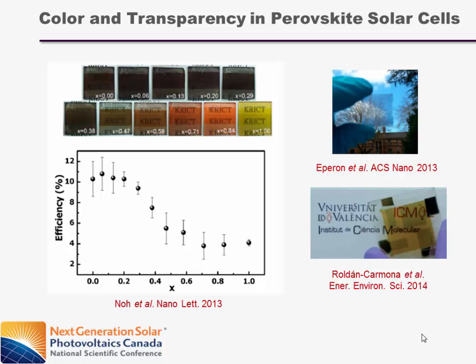We knew that people had tried before to change the look of the cell, and one of the approaches was developed in Korea, by the group of Sang Il Seok. And what they did is, okay, if we want color in the perovskite solar cell, let's change the composition. They moved from the methylammonium lead iodide perovskite that I just presented to a perovskite in which you were gradually changing the composition, combining bromine and iodine, methylammonium lead bromide, methylammonium lead iodide.